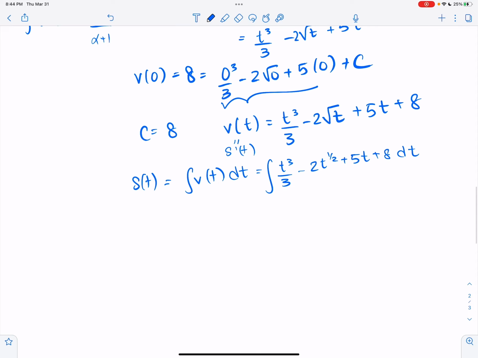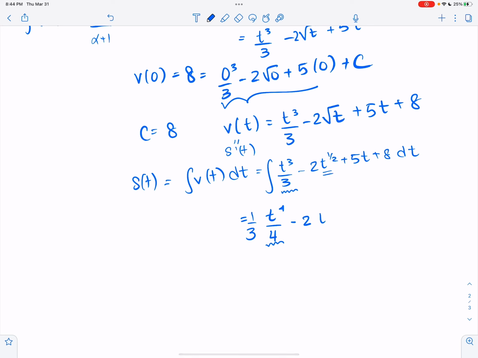All right, integrate term by term, because when you have a sum or difference of functions you want to integrate, you can do them term by term and then add or subtract as per the sign in front of them. So t cubed, 1/3 is a constant that sits there. Integral of t cubed is t to the 4th over 4. Minus 2 is a constant that sits there. So let me put this. That turns into this.